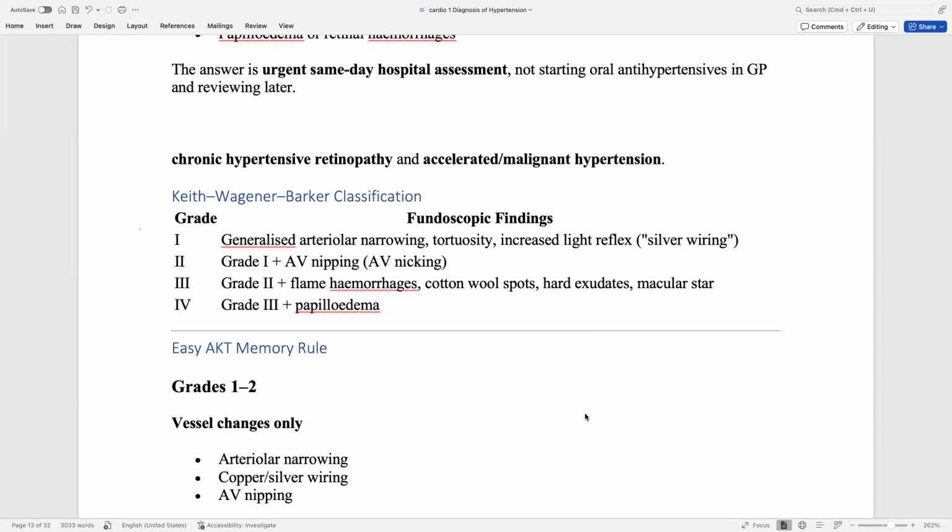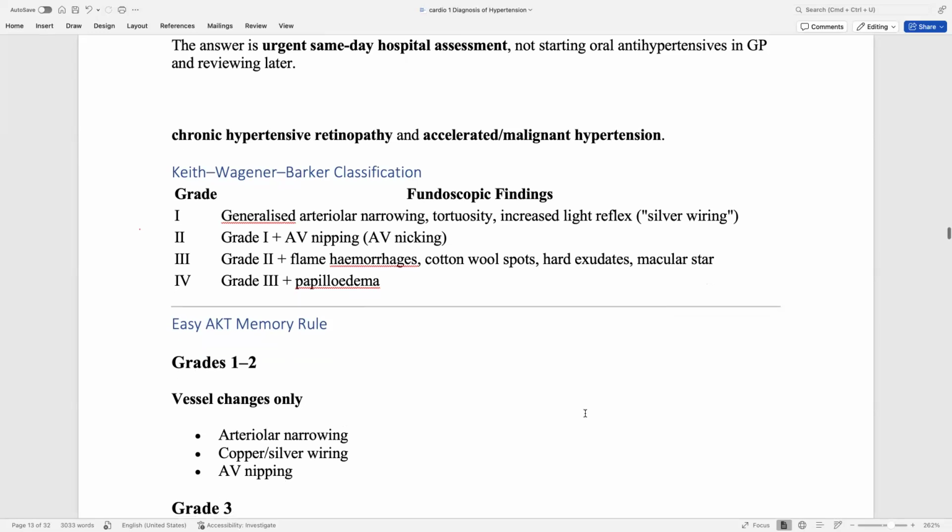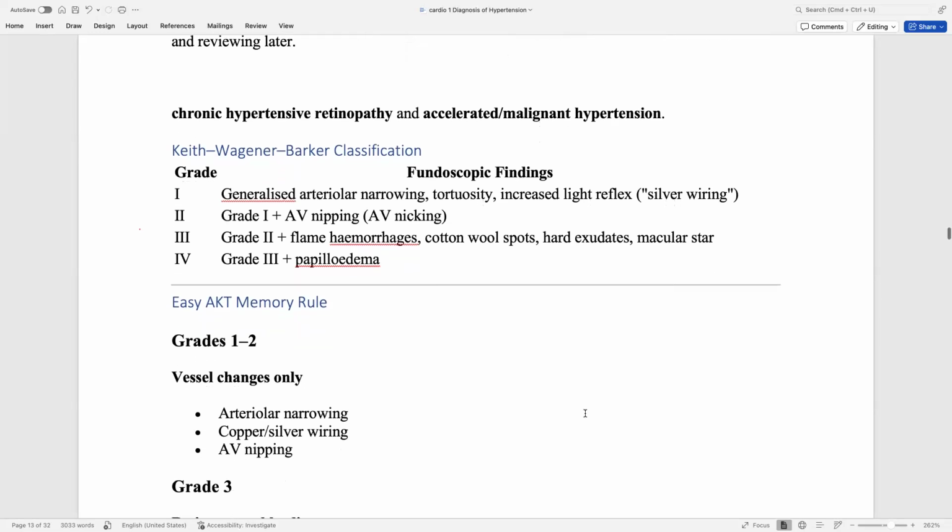And there is arteriovenous narrowing. High pressure in the retinal arteries compresses the retinal vein at the crossing site. Okay, that is nipping.